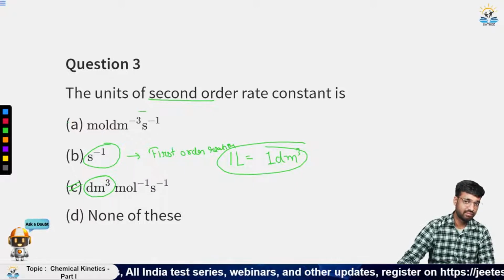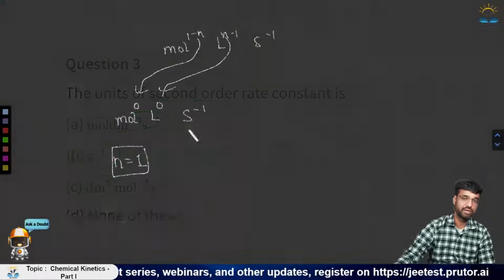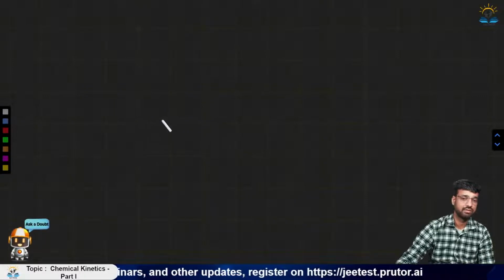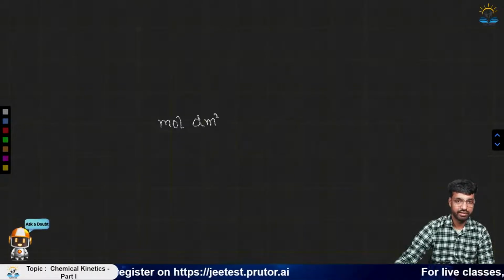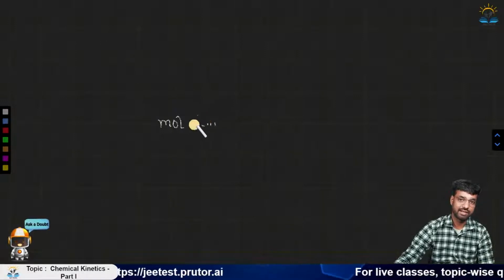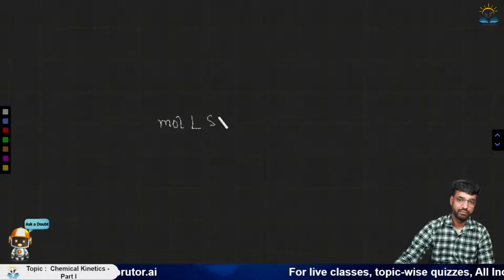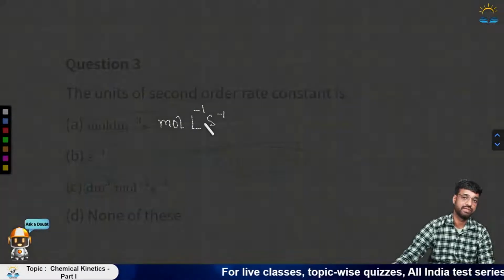Similarly, if you look at this formula for this unit, it is given as mole per decimeter cube, or you can write it as mole per liter per second.